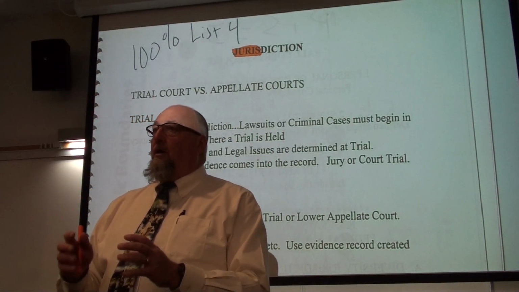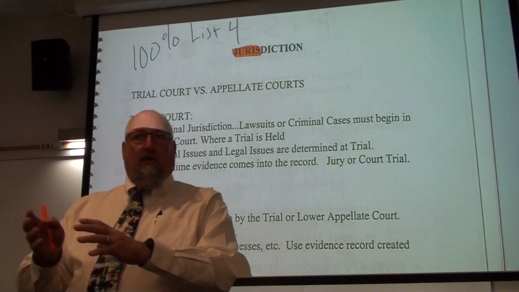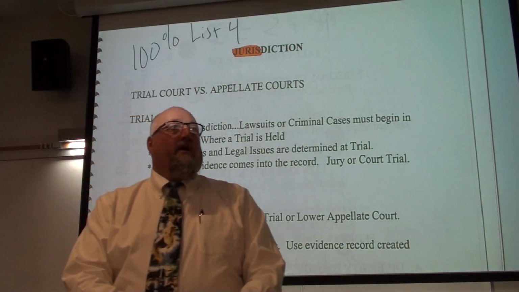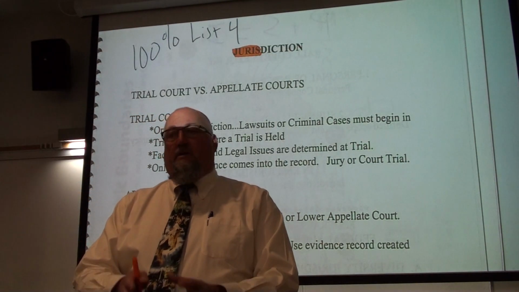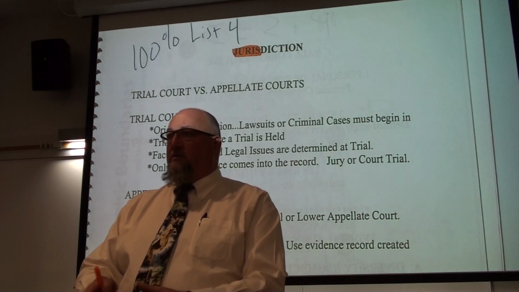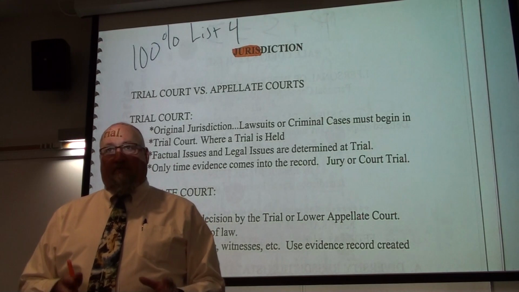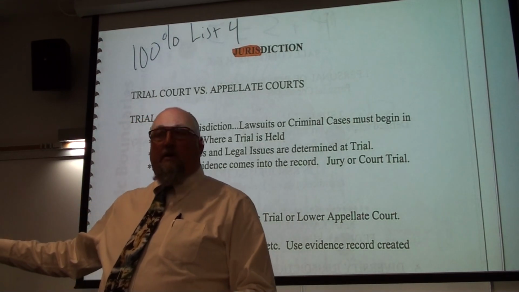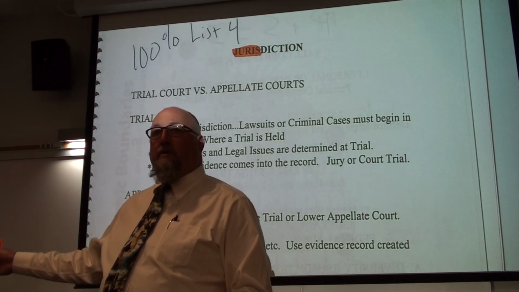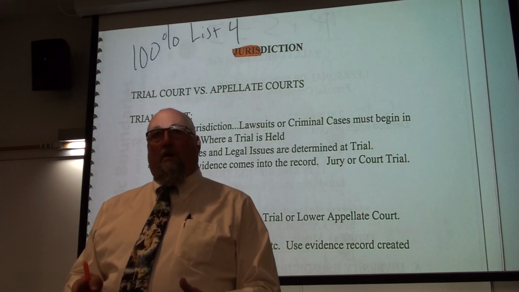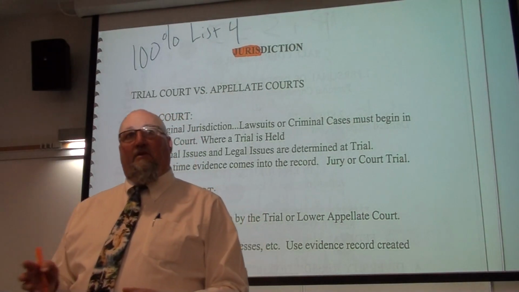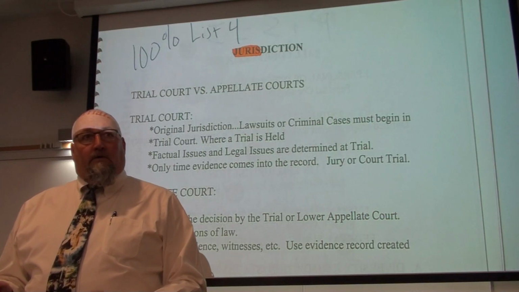In other words, does this court located in Phoenix, Arizona, have jurisdiction to handle this particular case? If a court does not have jurisdiction, if it does not meet the various calculations that we're going to go through here, then it is the wrong court, and the court does not have the authority to handle the case.